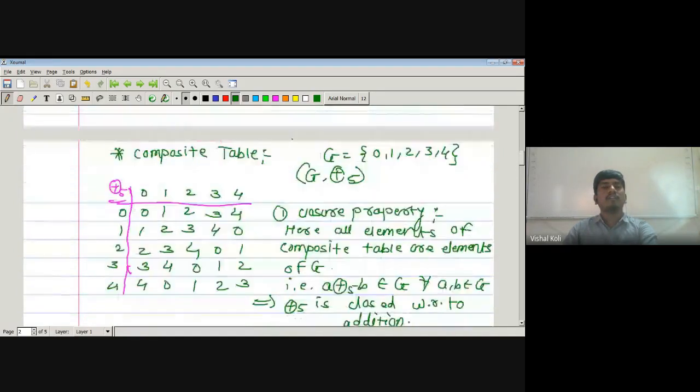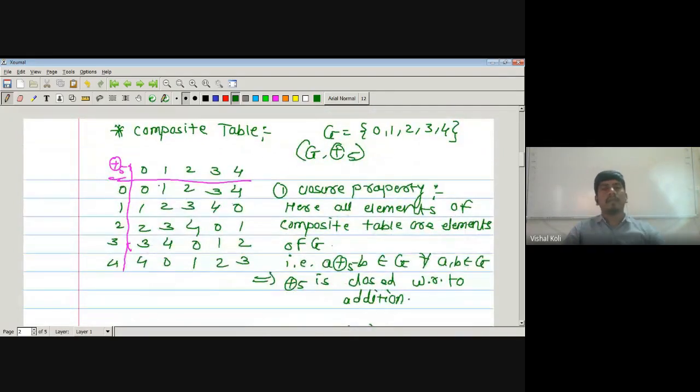There is one shortcut method to check the commutative property. If the row and column corresponding to every element in a given composite table are the same, then the corresponding set G holds the commutative property. That is, if the rows and columns corresponding to each element in a composite table have the same elements, then G with binary operation star holds the commutative property.